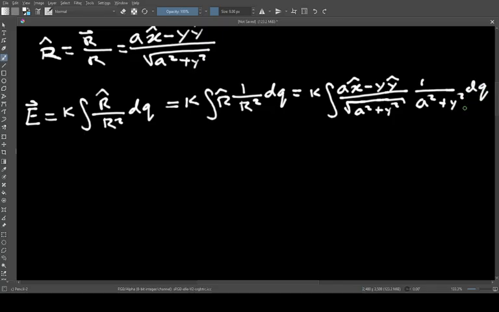Now, we're almost done with this part. So now what you're going to want to do is we can combine these. We just have a squared plus y squared to the power of 1/2 times a squared plus y squared. So we can just rewrite that.